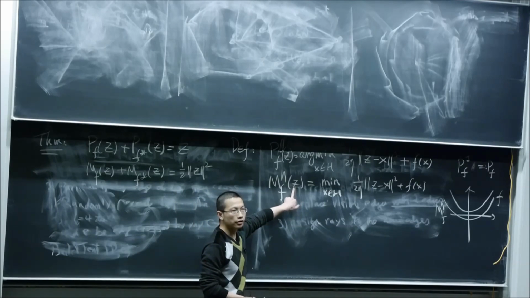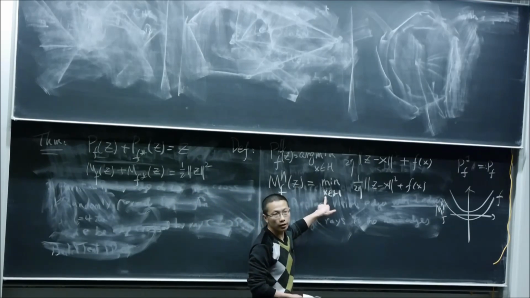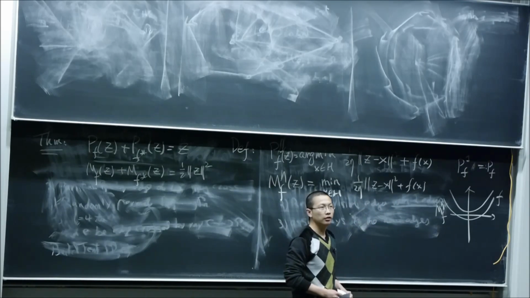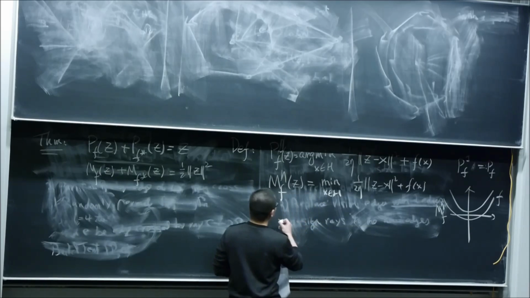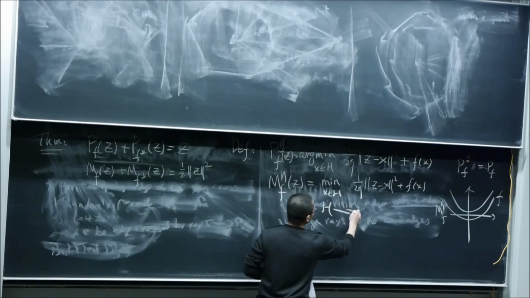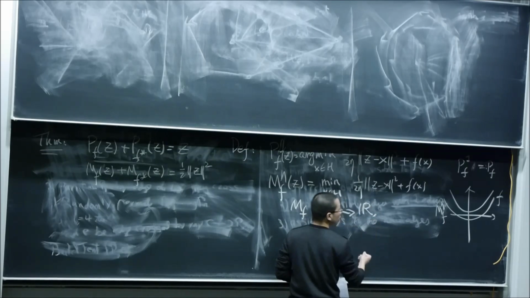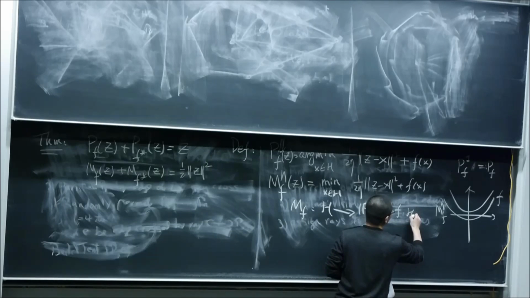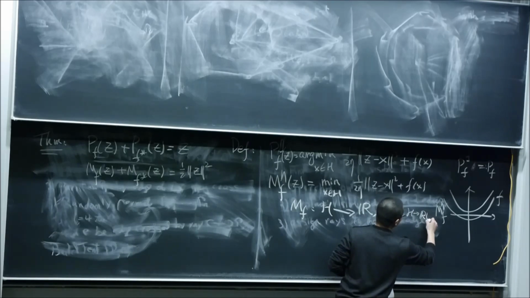No matter what z you give me, I can always find a minimizer, and this will give me a finite value. So m f is going to be a real valued function, even though f in general is only an extended real valued function.